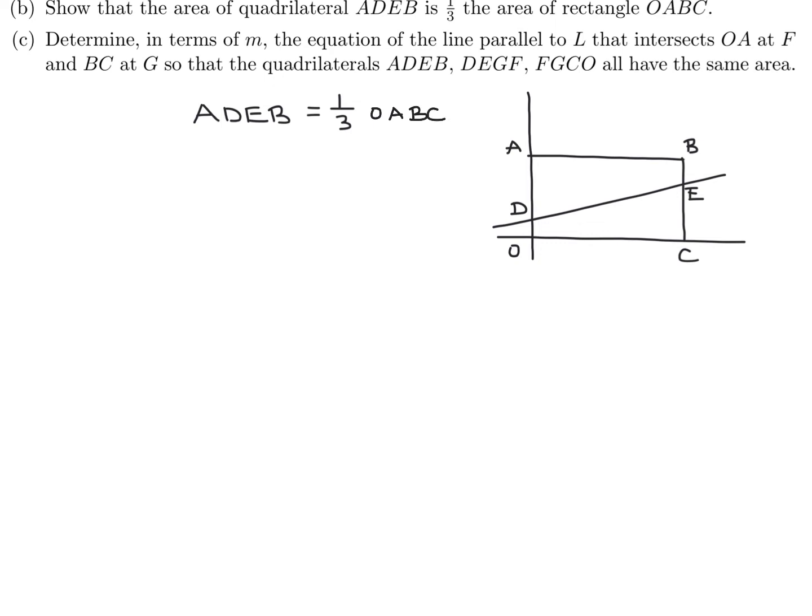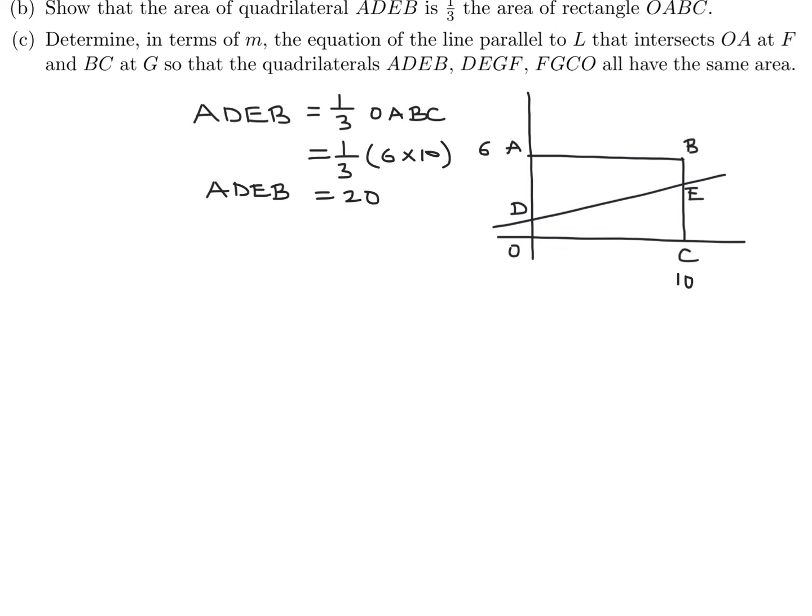The full OABC is just a rectangle, and since this was 6 and this was 10, the dimensions are 6 times 10. So that's 60, and divided by 3, that's 20. If we can show that the area of ADEB is 20, we pretty much have solved the question.